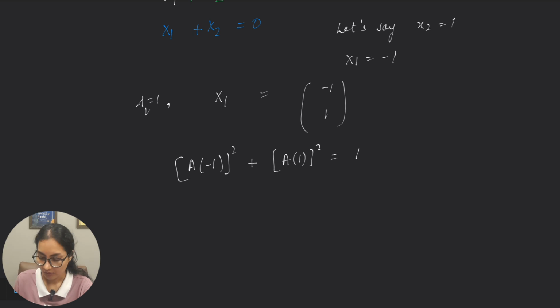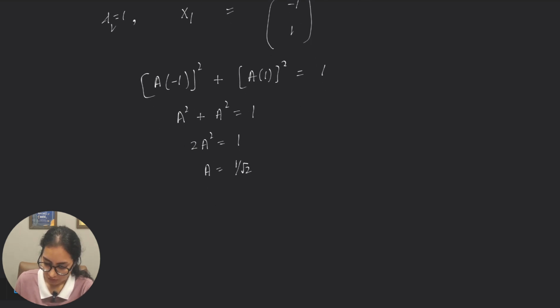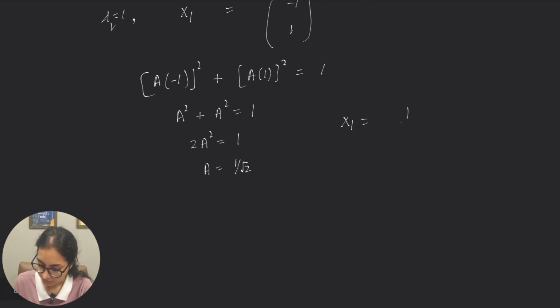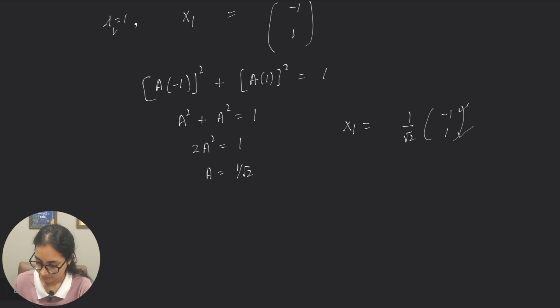Now it's not unity, it's 2, so that's why I multiplied with a number a. So it would be a square plus a square equals 1, 2a square equals 1, and a is 1 over root 2. The normalized eigenvector would be 1 over root 2 times minus 1, 1. Now if you square and add these numbers, it will give you 1. That's known as normalization of an eigenvector.